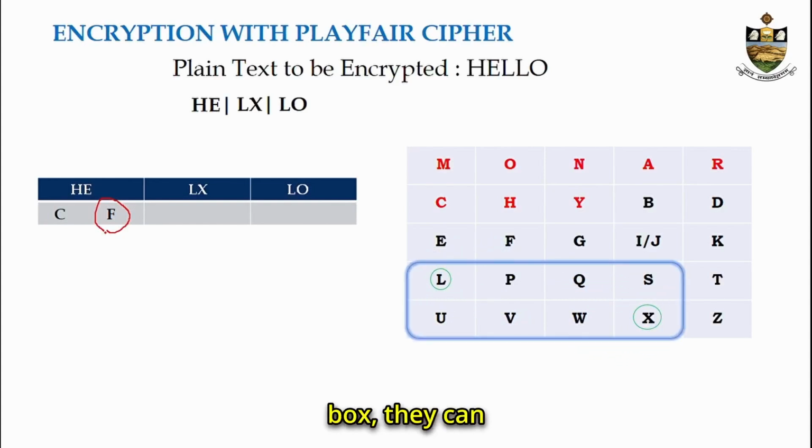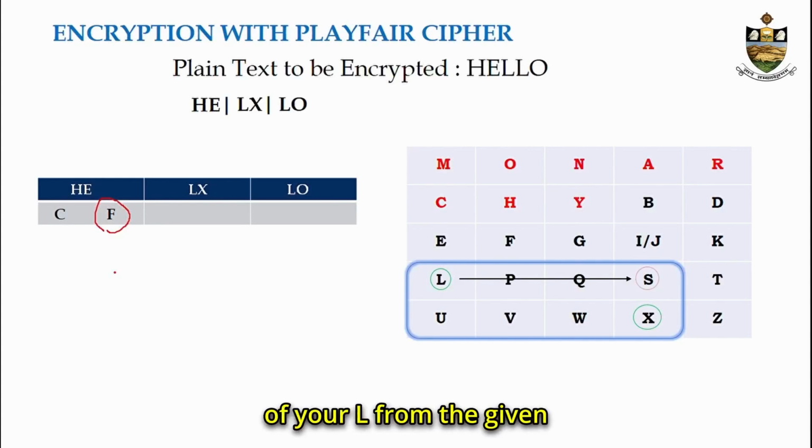The opposite corner of L is S, so S replaces L from the given table.